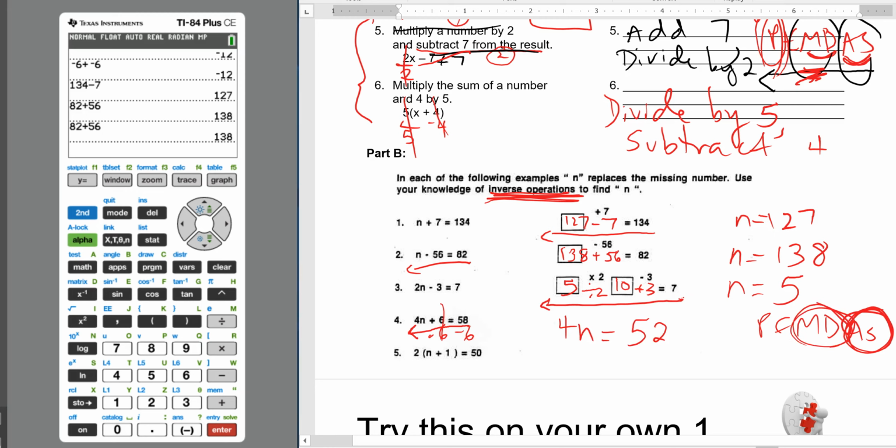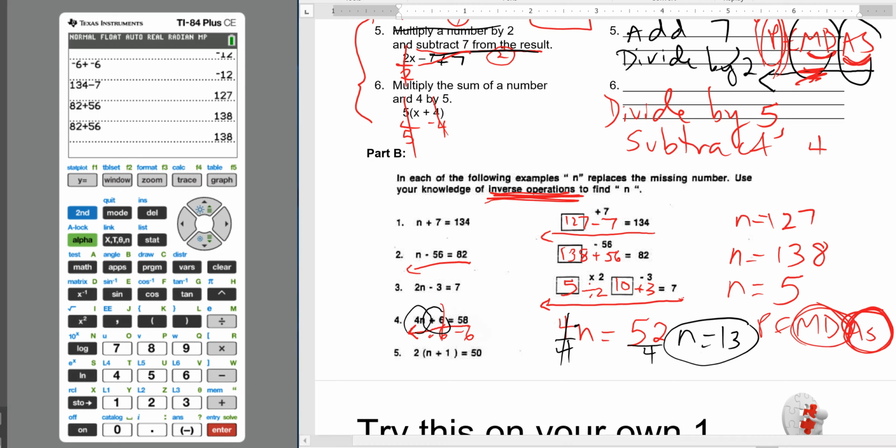Then we're going to undo multiplication division. Wherever we see a number and a letter next to each other, that's multiplication. So our inverse operation will be division, divide by 4. N is now alone equal to 13. Or just think of it as we undid plus 6 first by subtracting 6 from both sides, and then we undid times 4 by dividing by 4 on both sides.